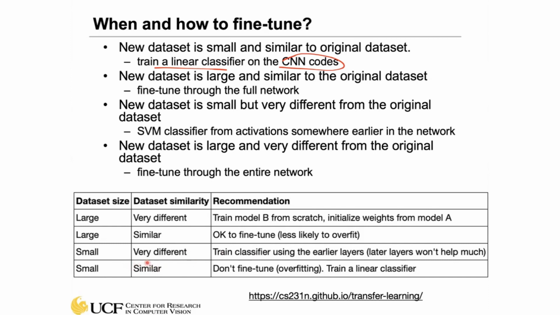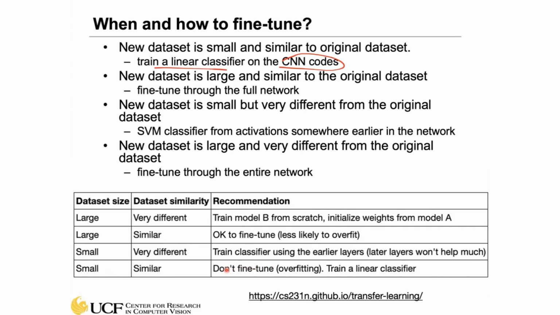And the last case is you have a small data set, but it is very similar to the pre-trained data set. So in this case, we probably don't need to fine tune some of the layers. The simplest way you can do is treat the pre-trained model, like the CNN, as a feature extractor. You just directly apply this model on your target data set image, but you don't use the classification layer.